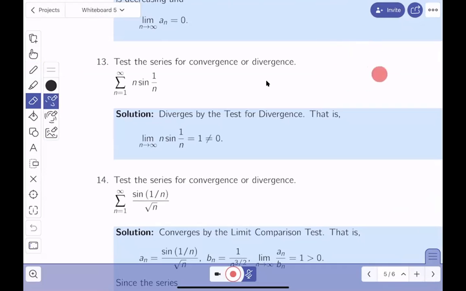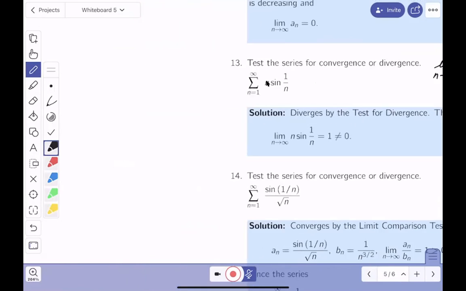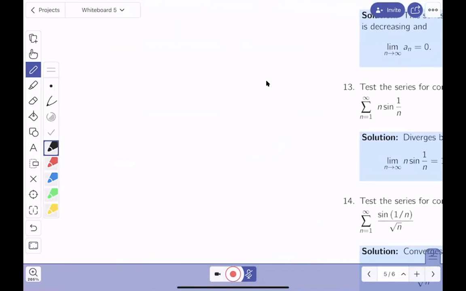All positive term. So I don't know if I want to do a comparison at this point, but let me just look at the limit. Who knows? And this looks familiar to me. I'm going to say n times sine 1 over n. And I think we've seen limits in the past like this.